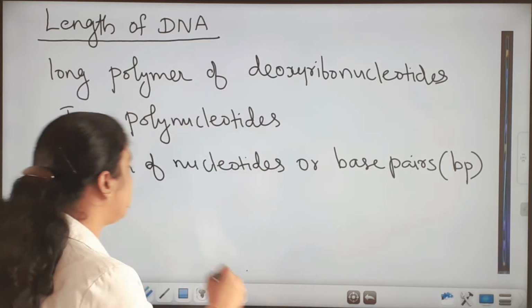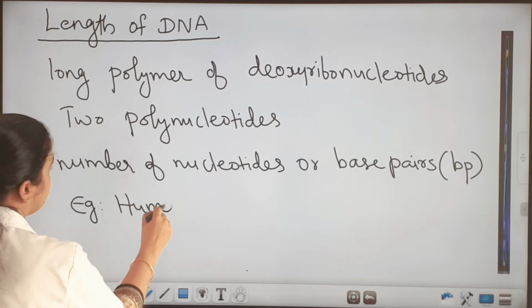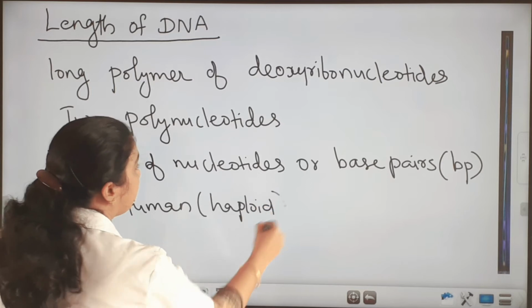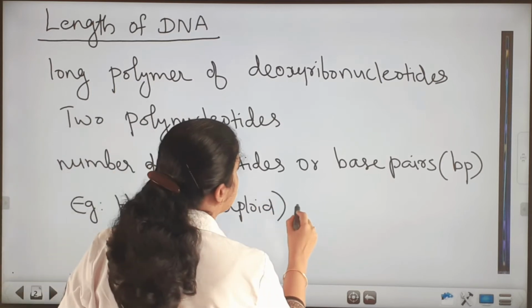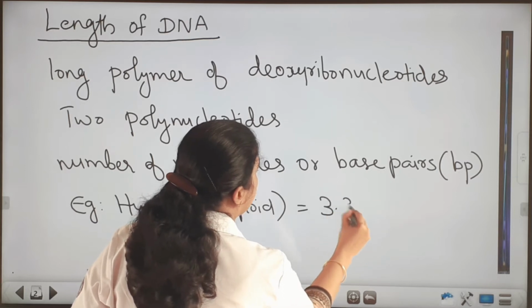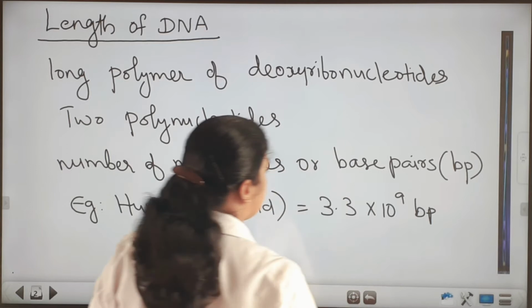For example, in the case of human beings, the haploid cell, not diploid, its haploid cell consists of 3.3 x 10^9 base pairs.